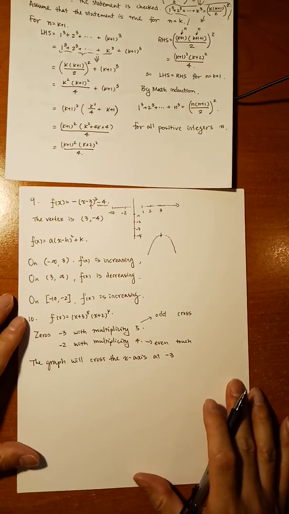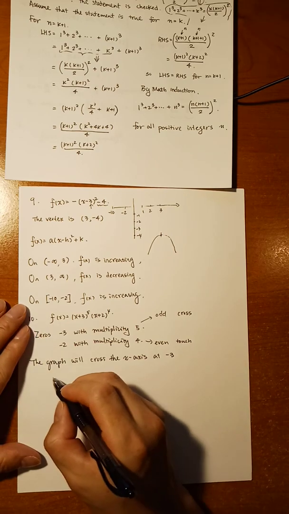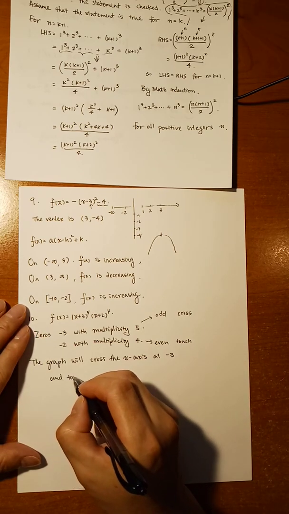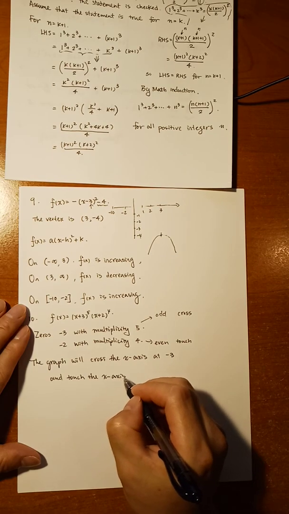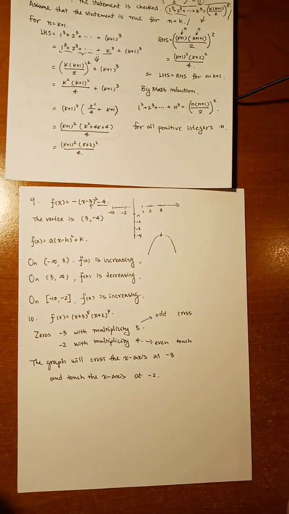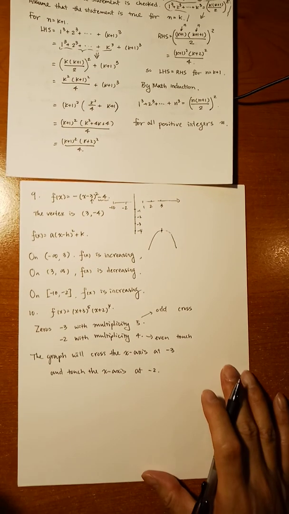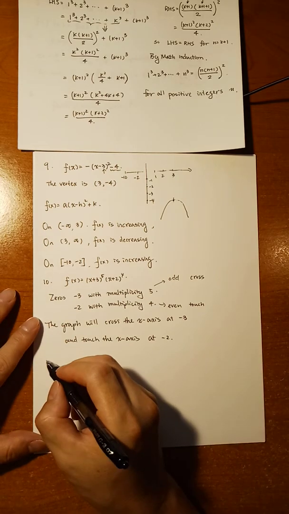Even is touch, okay? So it will cross the x-axis at negative 3 and touch the x-axis at negative 2, and that's it. Okay. Problem 11.